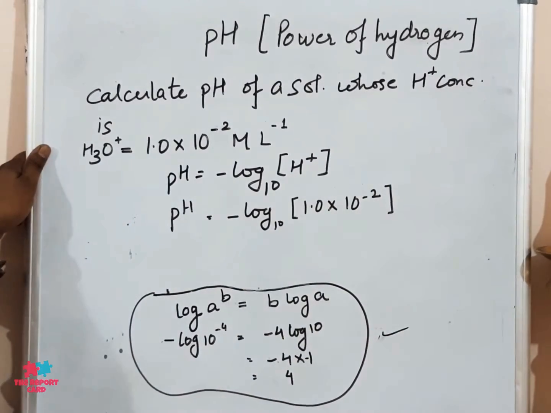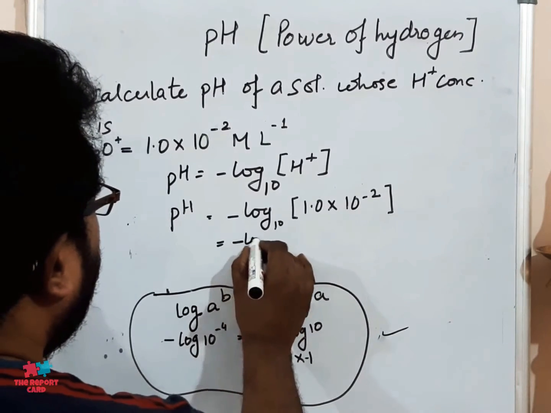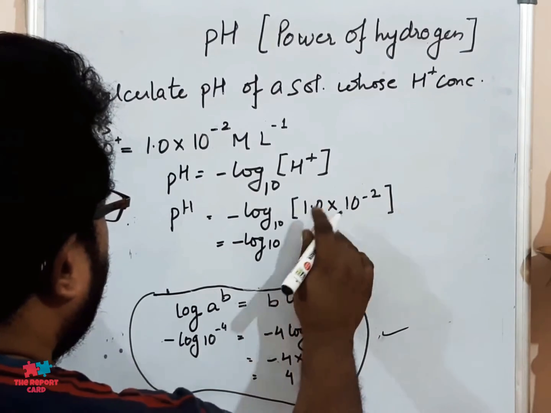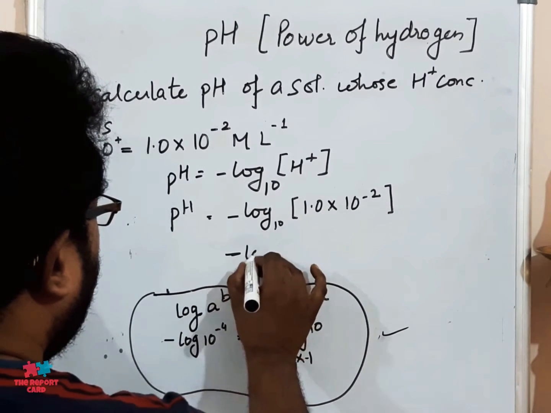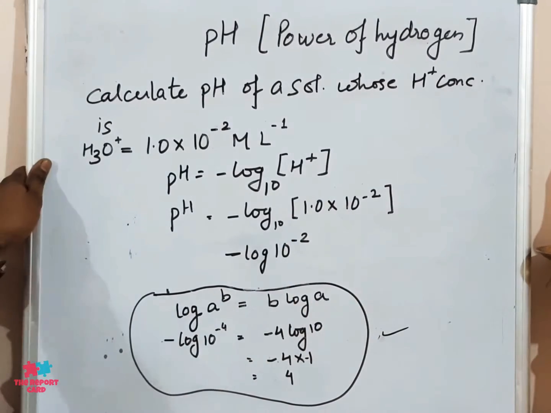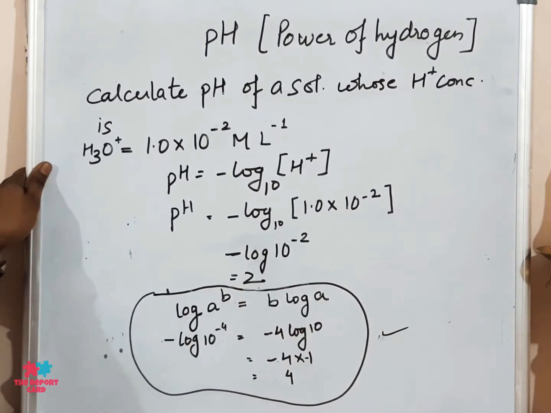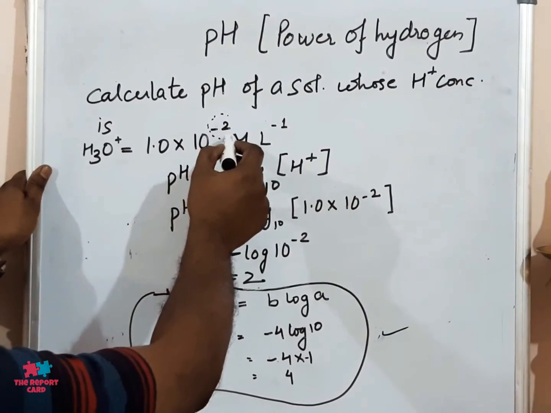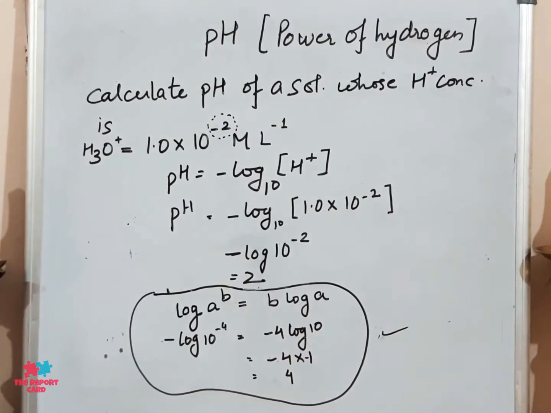It is almost like minus log 10 to the power minus 2, so its value will be 2. It's very simple: whatever power you get, this is basically the power of hydrogen, and this will be the pH of the solution.